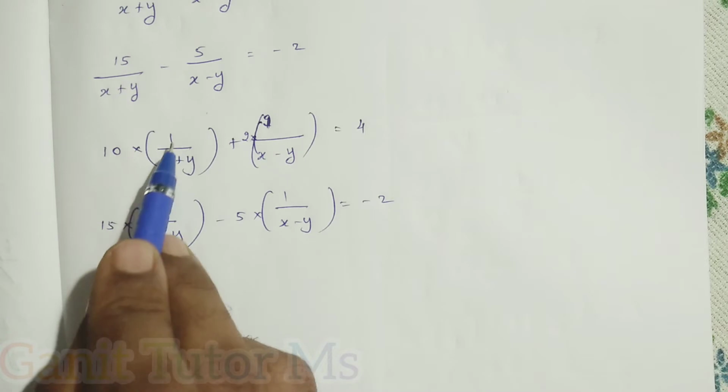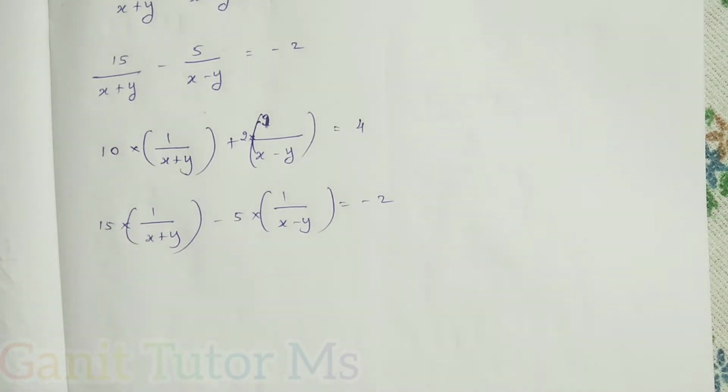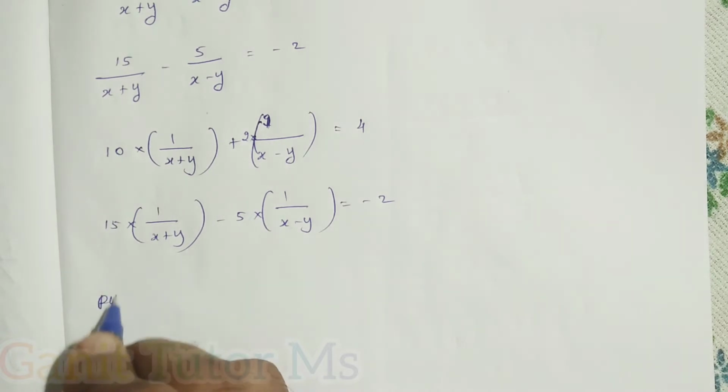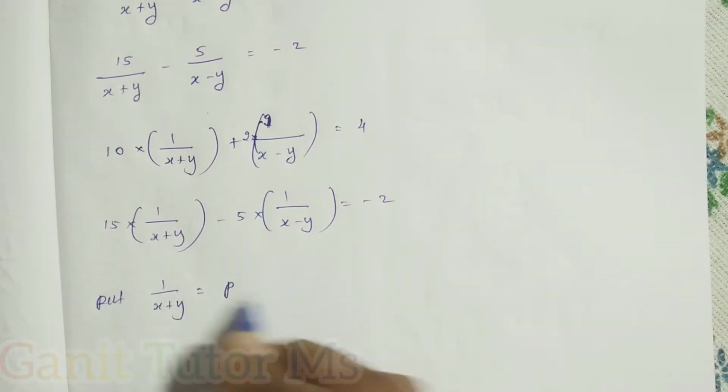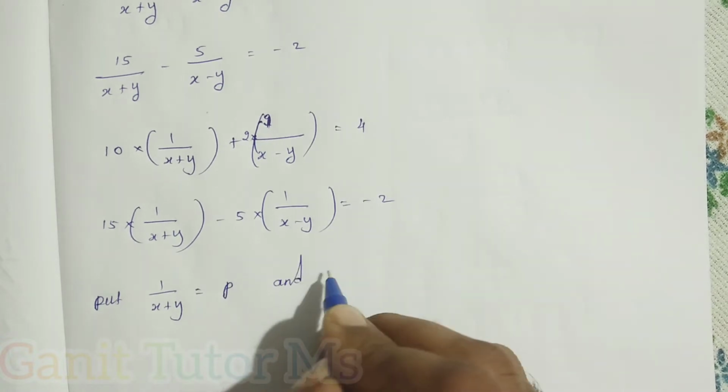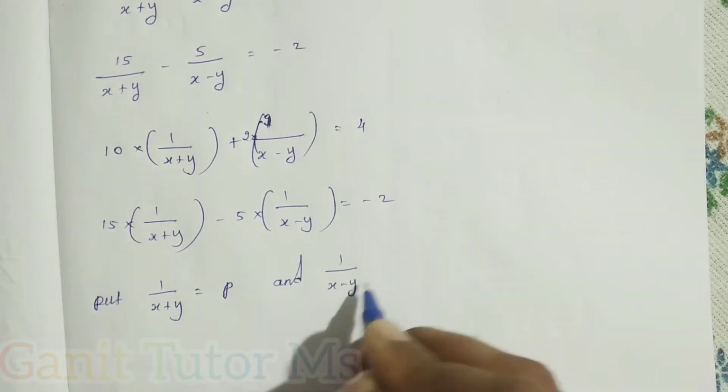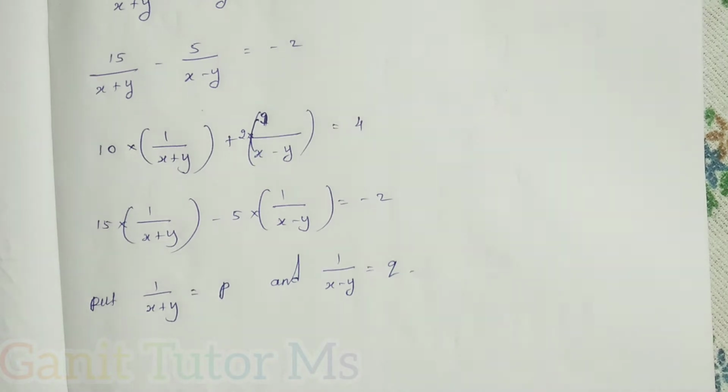So instead of 1 by x plus y, we can put some other variable to make this equation a linear one. Here I can put 1 by x plus y equal to p and 1 by x minus y equal to q. Clear?